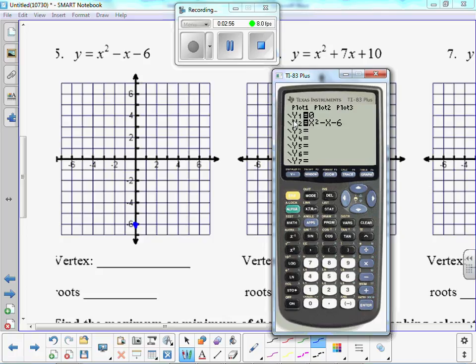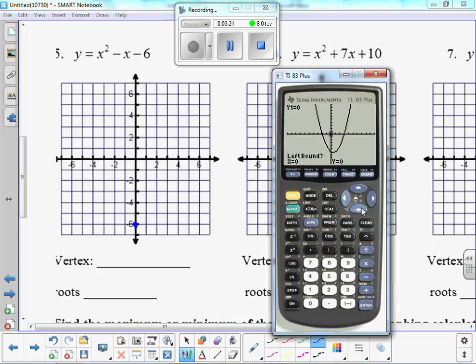Y equals 0, and also y equals this equation. So by doing that, we can calculate our roots, and our roots is where it crosses the x, by going to second trace, and we want to know where it crosses at 0. So we're going to highlight 0 and hit enter.